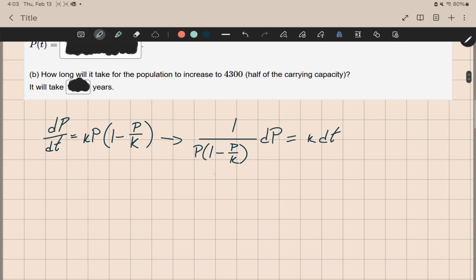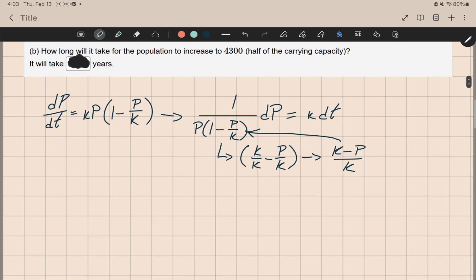And I'm going to do a little bit of manipulation over here to tune this up. This 1 minus P over K can actually turn into, that 1 is equivalent to K over K, minus P over K. And that can turn into K minus P over K. And then we'll plug that back in over here.